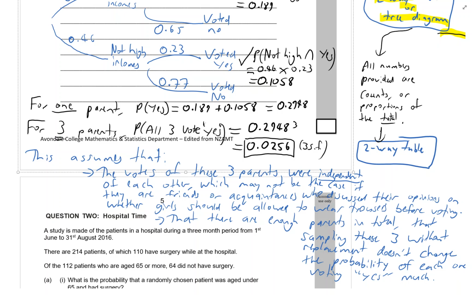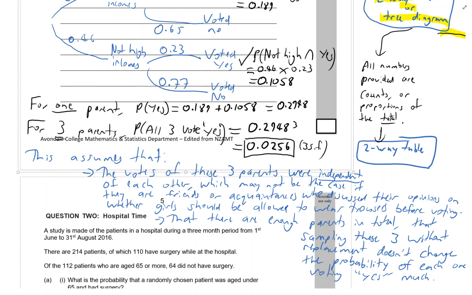So that would make quite a difference, and it would mean that you couldn't just get the right answer by going to the power of 3. It wouldn't be 3 out of 10 cubed, it'd be 3 out of 10 times 2 out of 9 times 1 out of 8. Now, however, if we had, say, 1,000 parents with the same percentage chance of voting yes, so say out of 1,000, 300 voted yes, 30%. Then after you pick the first parent, it wouldn't change much.